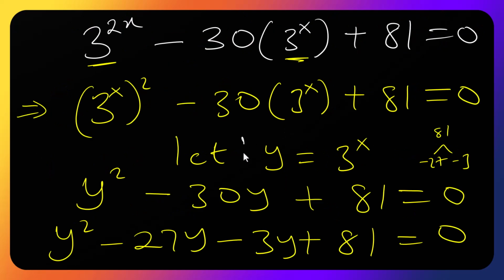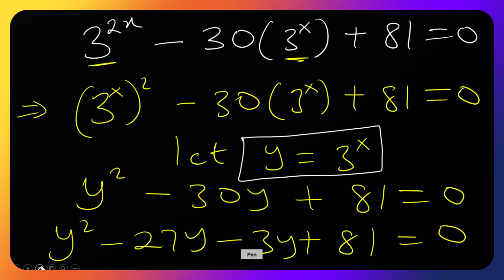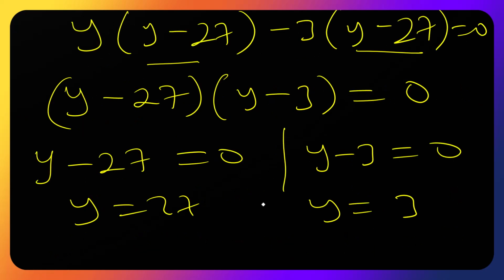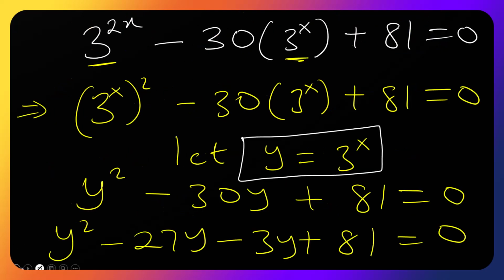So let's recall from here. Some students, once they reach here, they just end here. No, once you do that, you lose marks. Remember, we are not after y, so we have to recall that y equals 3 to the power of x.